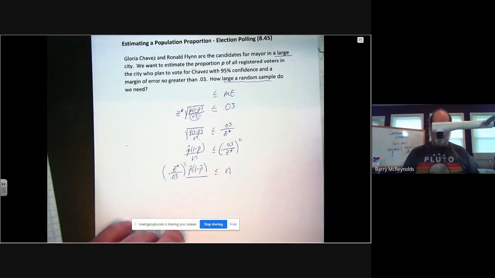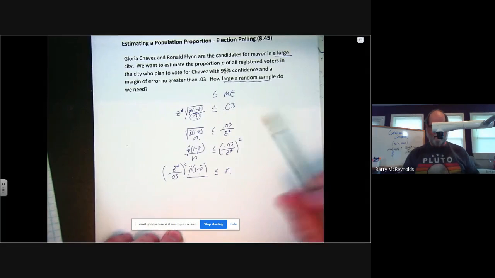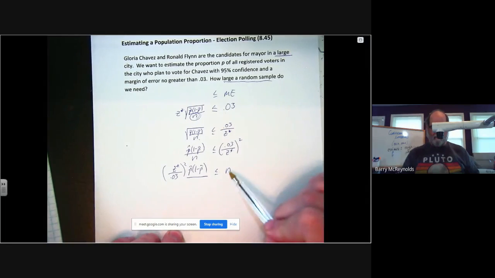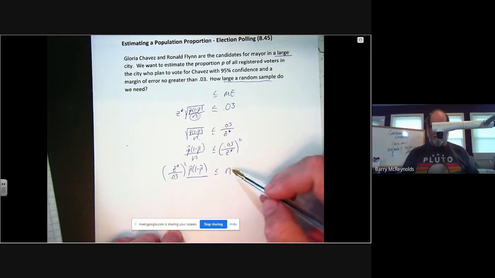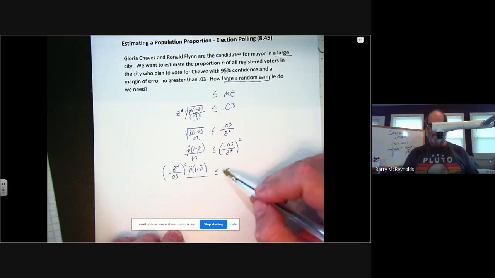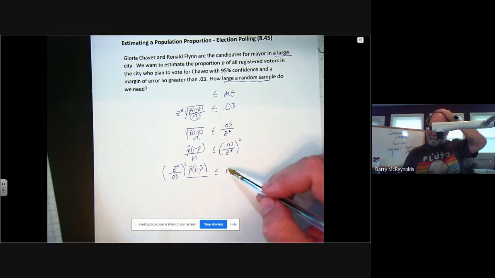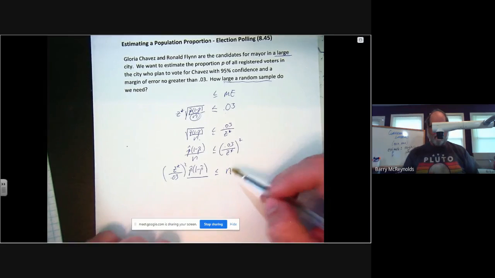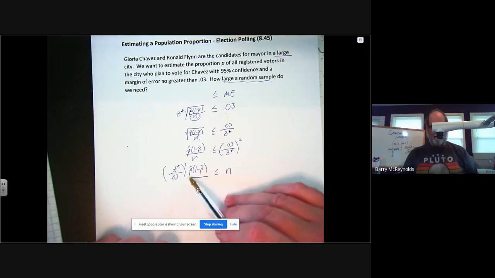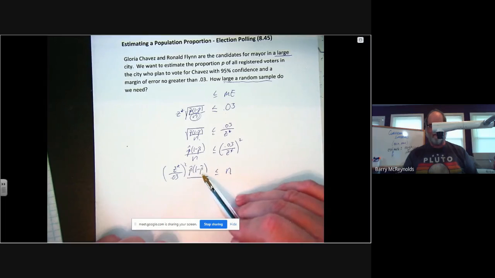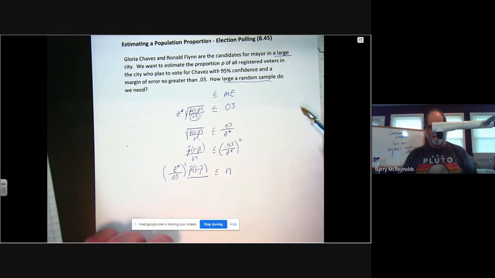Well, what I'm going to do is I'm going to recognize that I want to make sure that I get the largest sample I can possibly get, right? Remember, more samples is better. More people in the sample is better. So I want this product, p hat times 1 minus p hat, to be the largest possible value it can be.